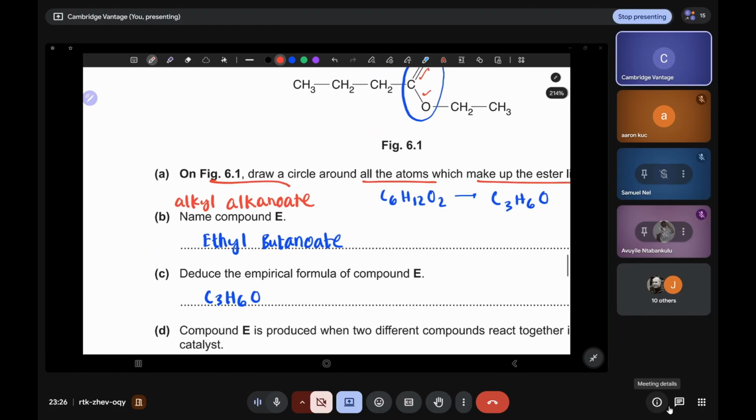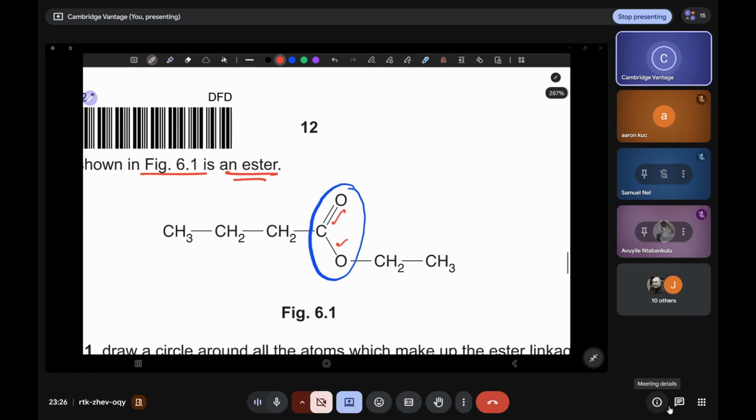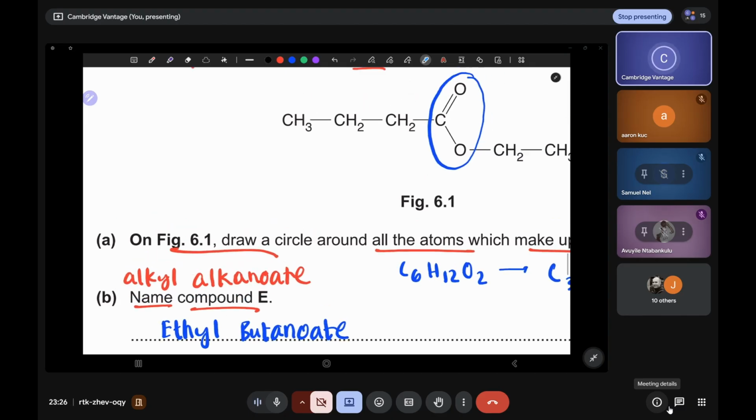And then the next part, name the compound E. So we know that this is an ester, but to name esters, we need to know a certain format. The format being alkyl alkanoate. Now, how do we understand what is alkyl alkanoate?